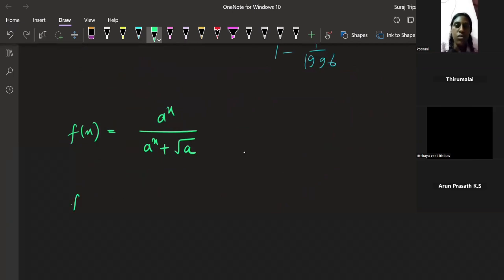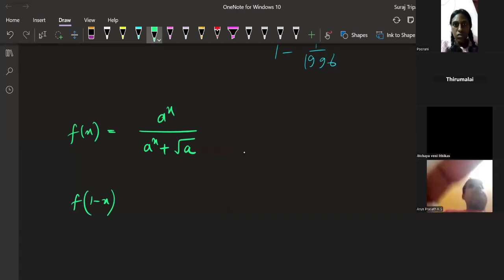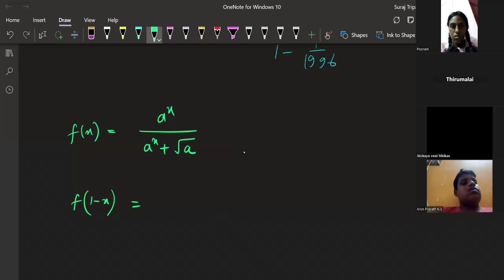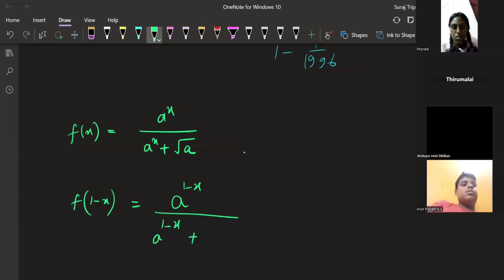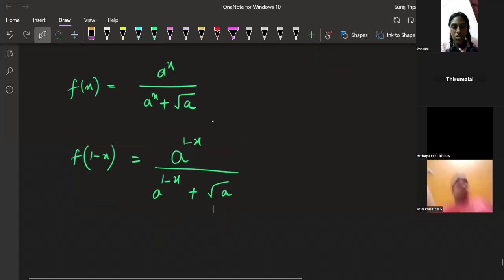Now what is the value of f of 1 minus x? For 1 minus x, in place of x, we have to put 1 minus x. So a raised to 1 minus x divided by a raised to 1 minus x plus root a. I am now proving here property number 1.